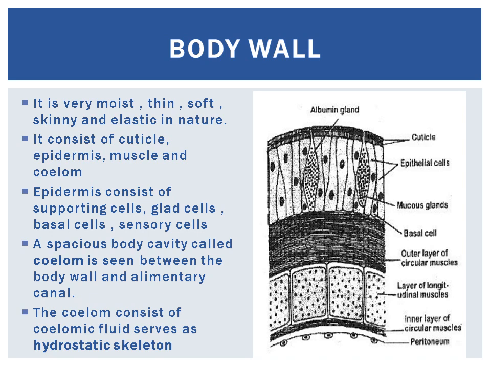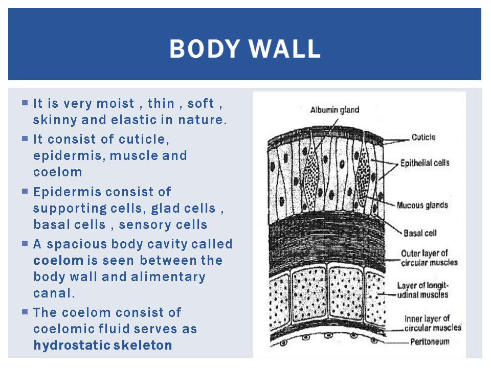Okay. Then the epidermis consists of supporting cells, gland cells, basal cells as well as sensory cells. So look at the picture. The second layer we marked as epithelial cells. Already we said epithelium means a covering, right?